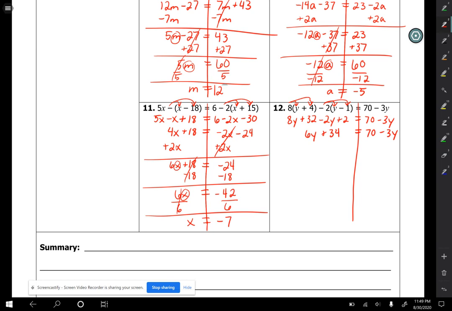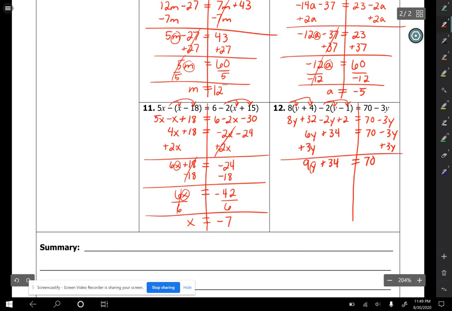Now I can combine my variables. I'm going to move this negative 3y by adding the whole thing. Add 3y to both sides. Equals 9y plus 34 equals 70.